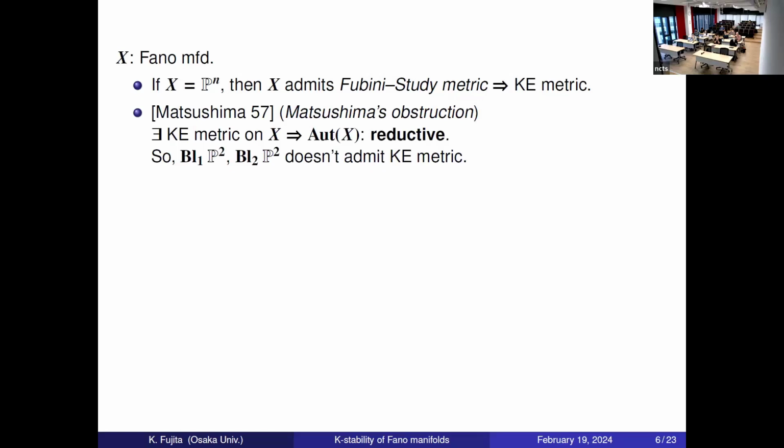I will explain obstructions; it means a necessary condition. If a Kähler-Einstein metric exists, Matsushima showed that the automorphism group of X must be a reductive algebraic group. It means the identity component is a reductive algebraic group in the usual sense.